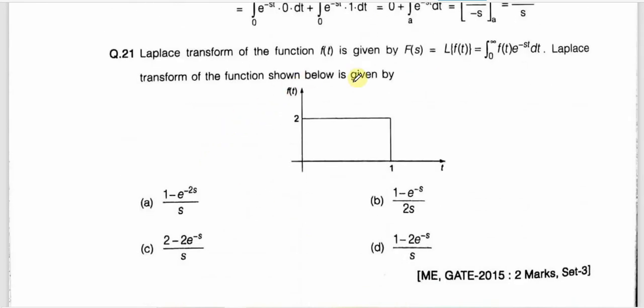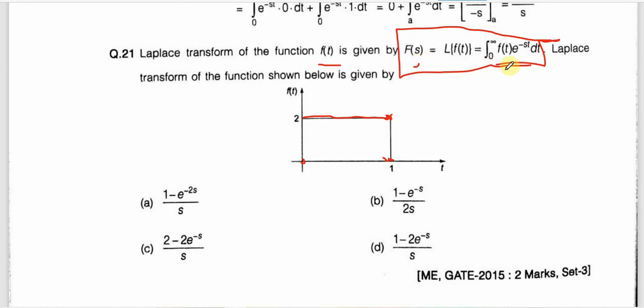Now the Laplace transformation of f of t is given by this. The function is clearly shown: f of t equals 2 from t equal to 0 to 1, and for t greater than 1 it is 0, and we have to find the Laplace transformation, that is, F of s.